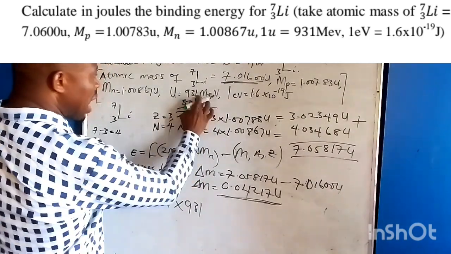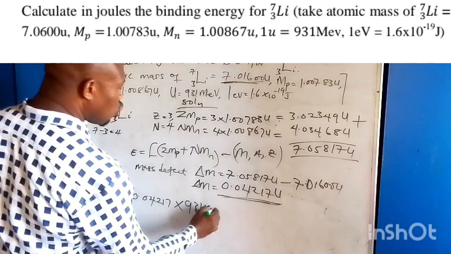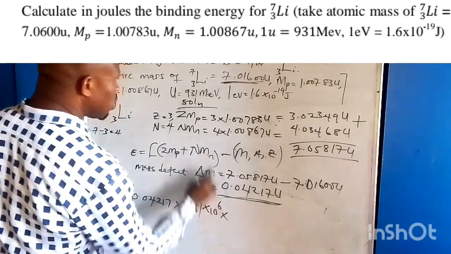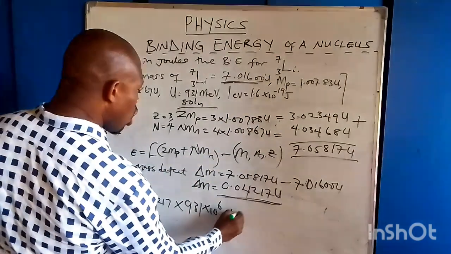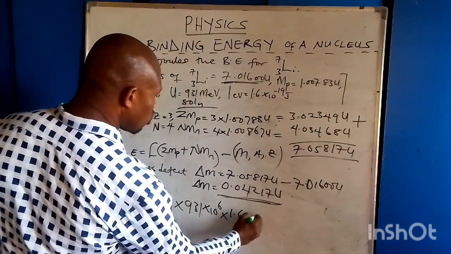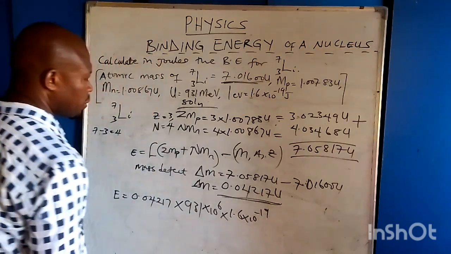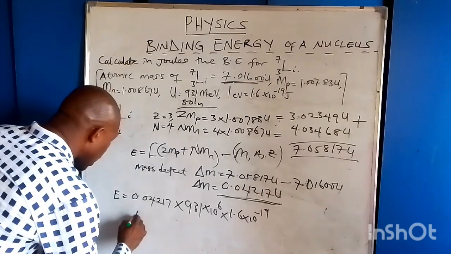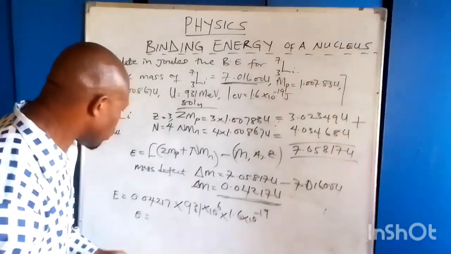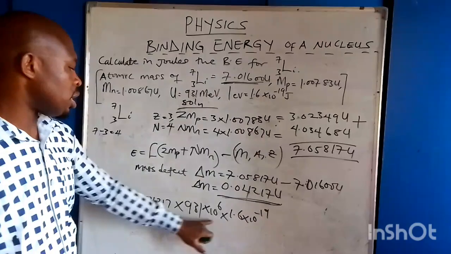U was given to us to be 931 mega. Mega means times 10 raised to power 6 times electron volt. 1 electron volt is given to us to be 1.6 times 10 raised to power minus 19. So E is equal to the whole of this times this times this.